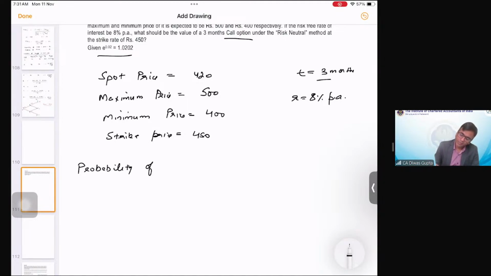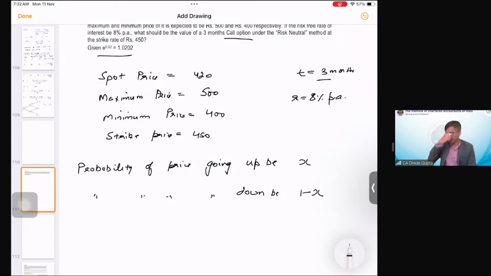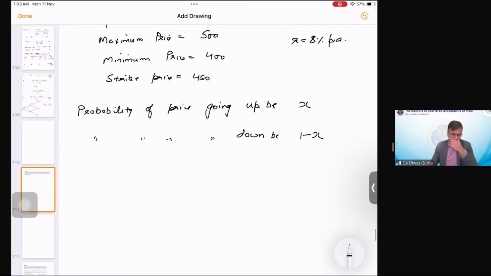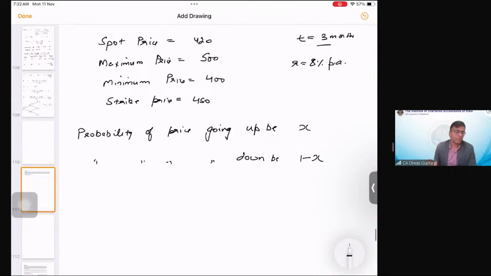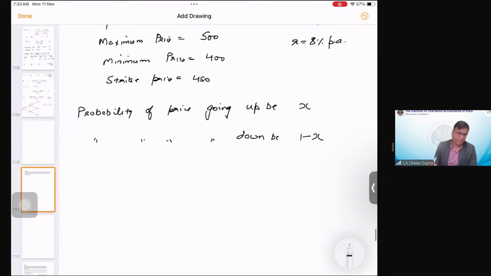Probability of price going up be X, price going down be 1 minus X. Clear? If price going up is X, going down will be 1 minus X. The current spot price, which is equal to 420, we are applying the risk neutral method formula, right?